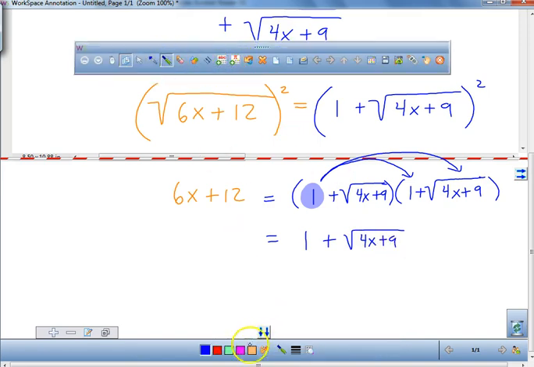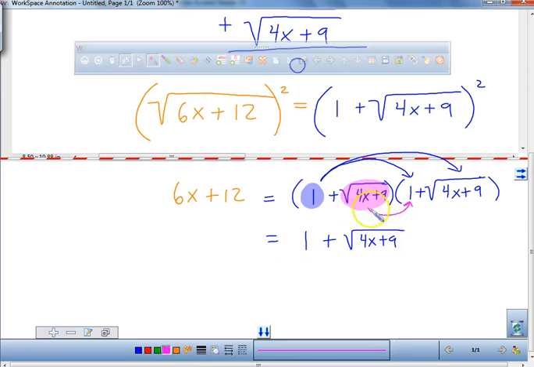Now, I'm going to highlight this next part in this beautiful magenta. We have to distribute that to the 1, and then distribute that to the final radical. So what's a radical 4x plus 9 times a 1? Radical 4x plus 9.